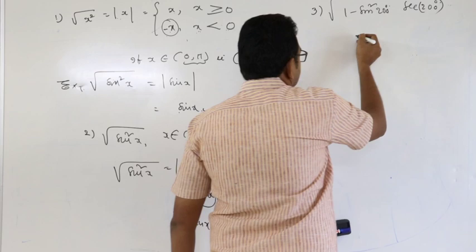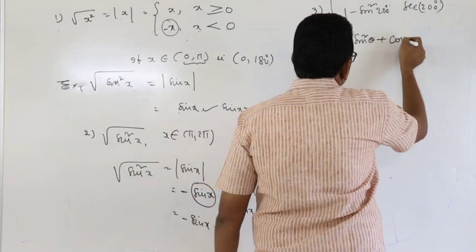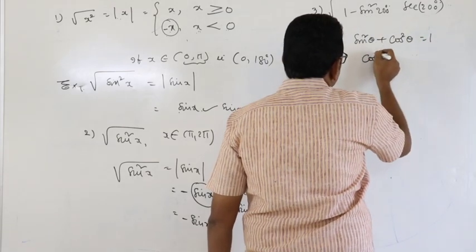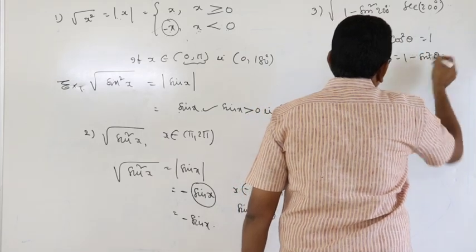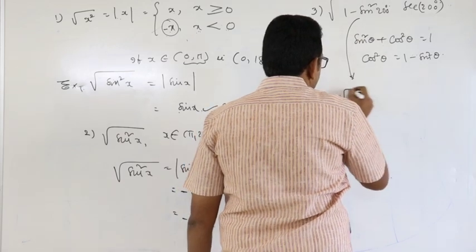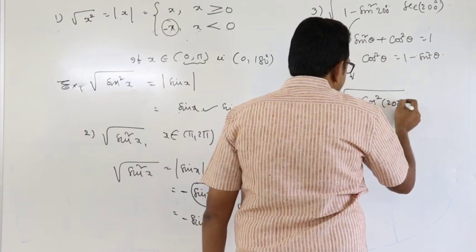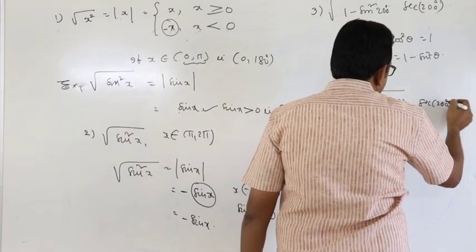I think you know sine square theta plus cos square theta is equal to 1, so cos square theta is equal to 1 minus sine square theta. So 1 minus sine square is equal to cos square. So this is root of cos square 200 degrees into secant of 200 degrees.